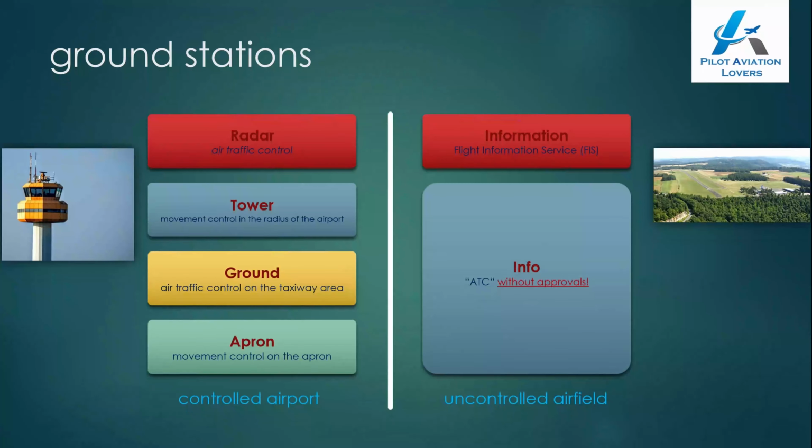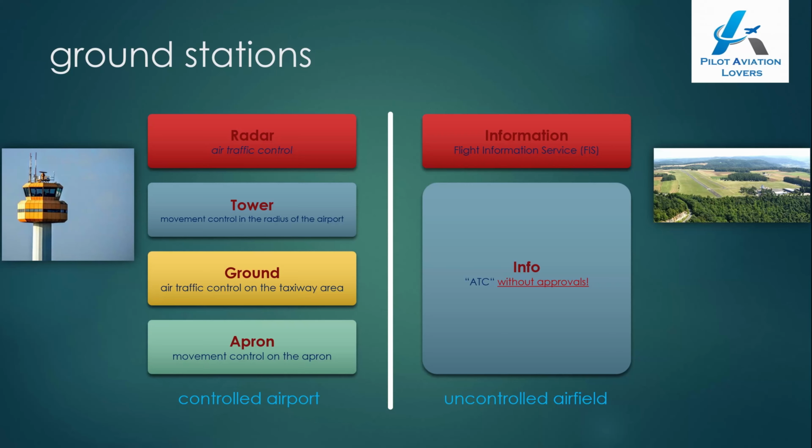We have different stages of ground radio stations. We separate the controlled airport and the uncontrolled airfield. Each station has its own specific frequency. First, I want to show you the stations of the controlled airport. The lowest level is the apron. Here is controlled the whole movement on the apron.